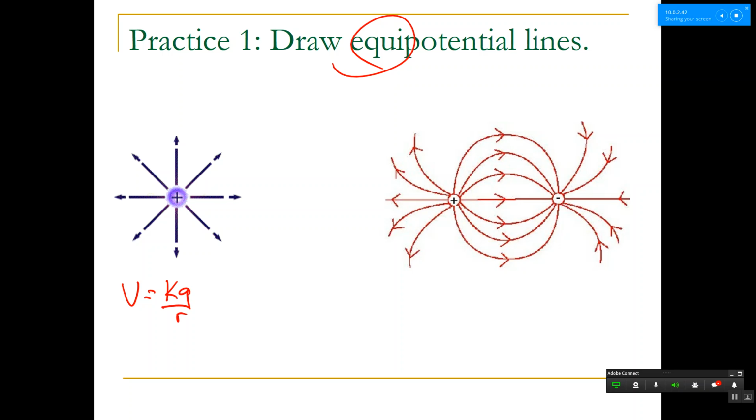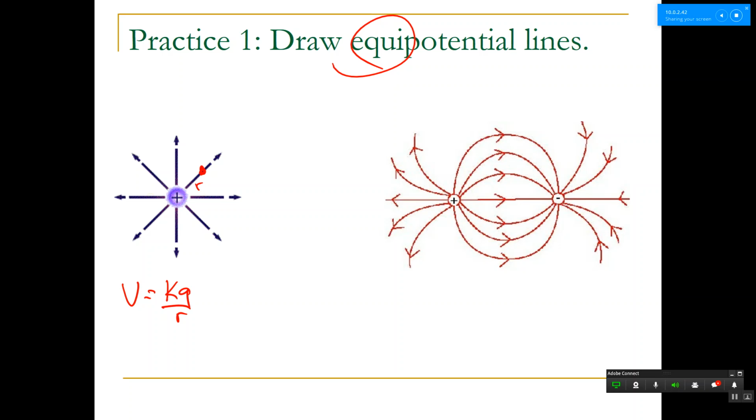Before I go further, this Q here, what does that refer to? Is that the Q of the charge in the middle or the Q of this test charge? Charge in the middle. Perfect. So that's not changing, because I'm looking at the same charge for all of my further questions.